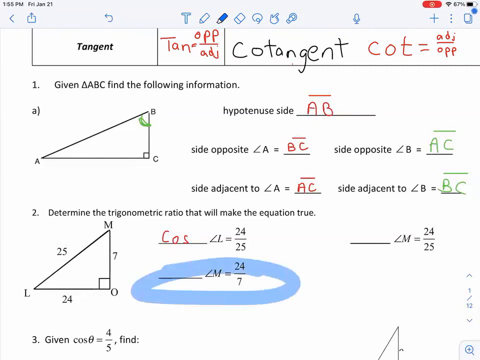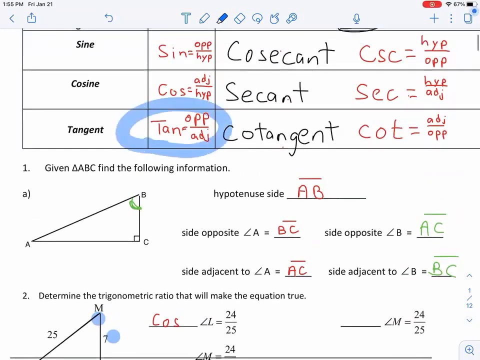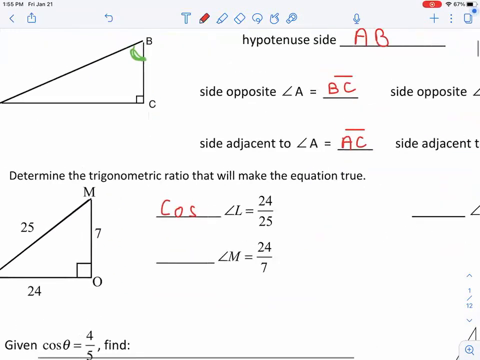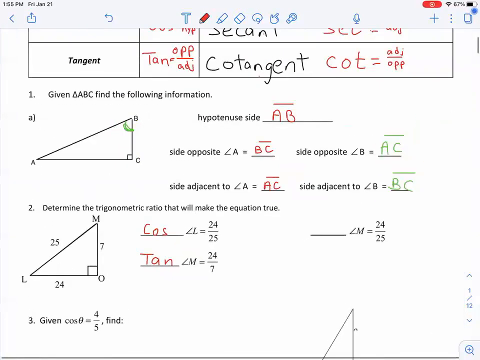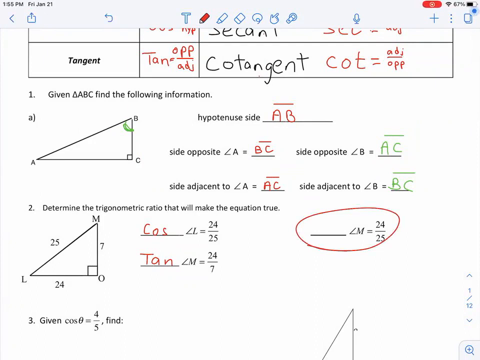So working down here for M, if our focus is angle M, 24 is opposite, 7 is adjacent. And so opposite over adjacent is the tangent. So we would say that the tangent of M is 24 over 7. So take a second and fill in what function you think goes here for angle M if we end up with 24 over 25.